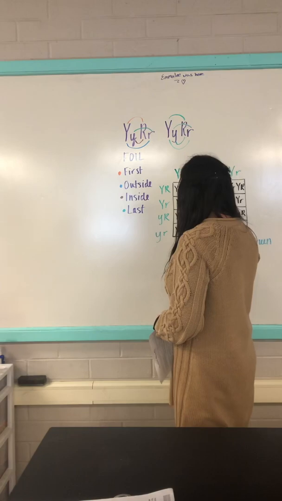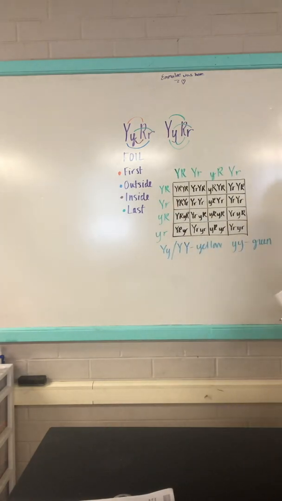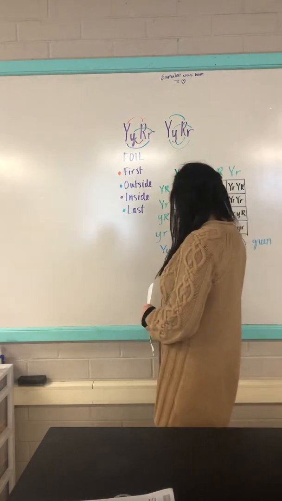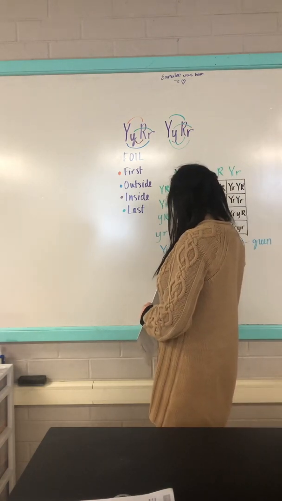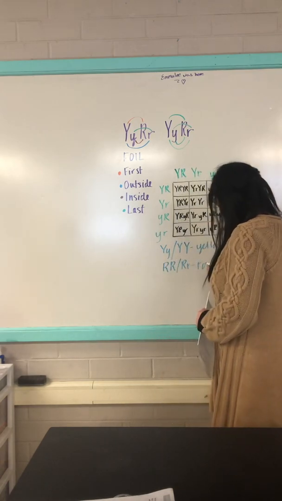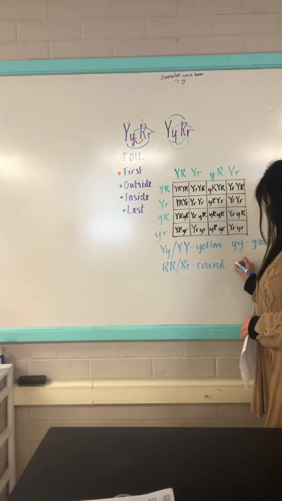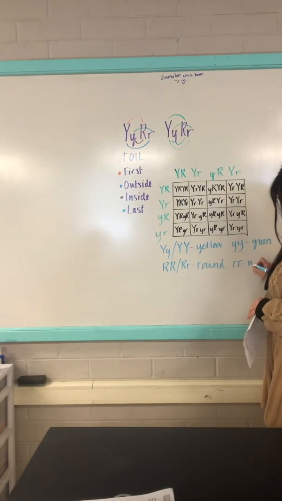So yellow could be big Y, or it could be big Y, little y. Okay? Then we're looking at the shape of it. So round could be what? Big R, or big R, little r. And then the wrinkled is going to be what? Two little r's.